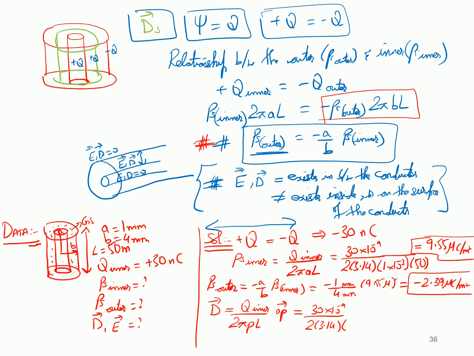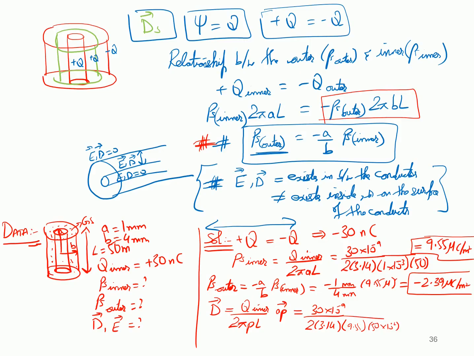Rho is basically the radius of this Gaussian surface. Since we are talking about inner, this is going to be inner rho. So this is 9.55, and then you have a length of 50 into 10 raised to power minus 2 in meter.